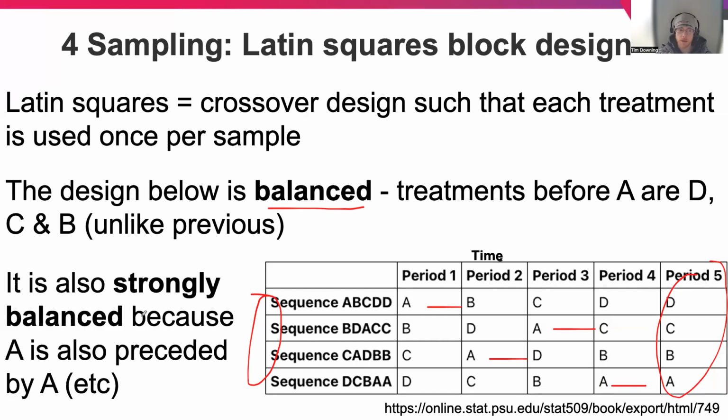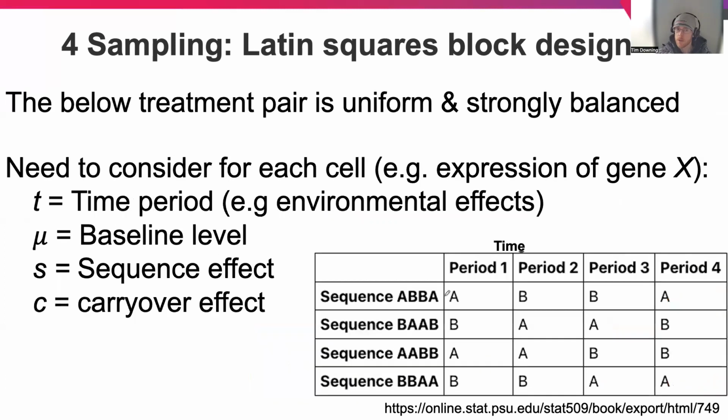So we can say that this is a strongly balanced design because A is preceded by A as well as all the other options. When we think about the models associated with this, there are several features that we can think about: the baseline effect, there could be a carryover effect, the sequence effect, and the time period. So we can quantify this.